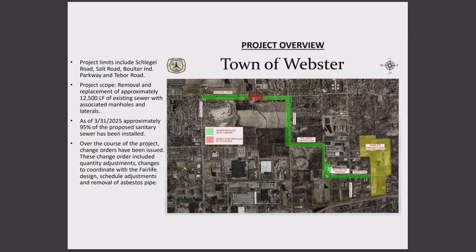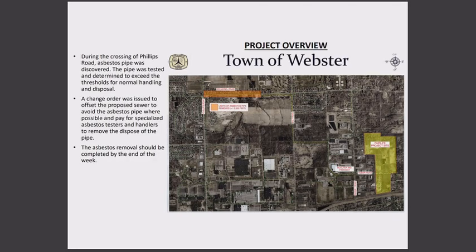And then change order 5, which is the larger one, along Schlegel Road, from Phillips basically up to the elementary school. It was discovered that asbestos pipe was the original pipe in the ground dating back over 50 years ago.